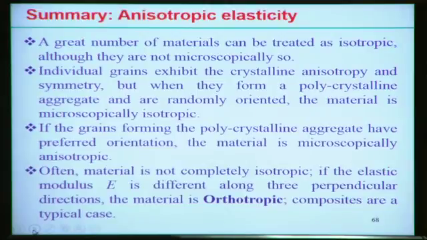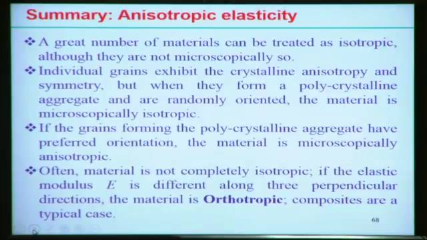But if the grains forming the polycrystalline aggregate have some preferred orientation, the material is microscopically anisotropic. So if some preferred orientation exists, we should consider the anisotropic behavior for these specific materials. But often a material is not completely isotropic, that is true.